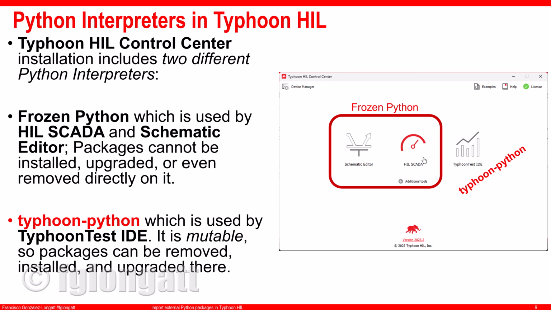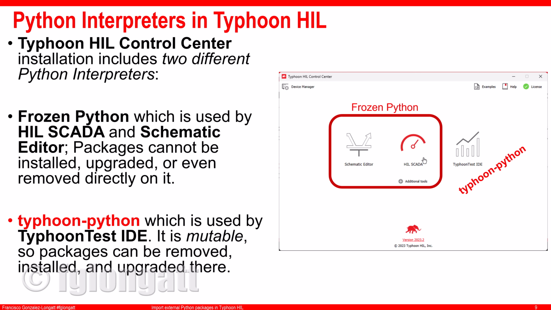And the name is very clear. Frozen Python is basically the Python interpreter used for those two software, HIL SCADA and schematic, and it cannot be installed, updated, or even removed directly.